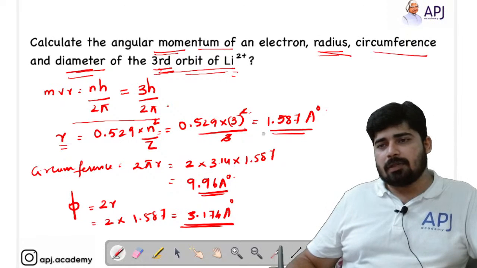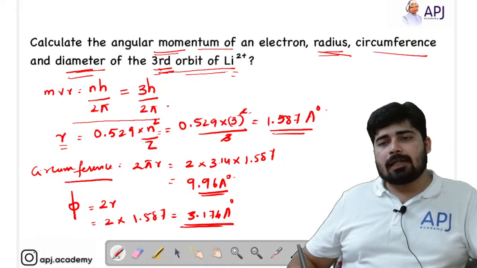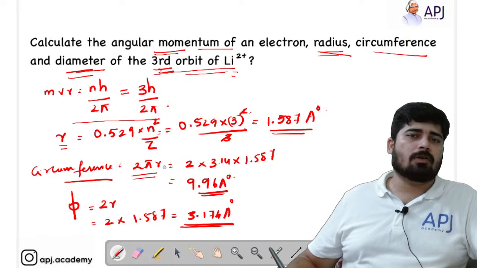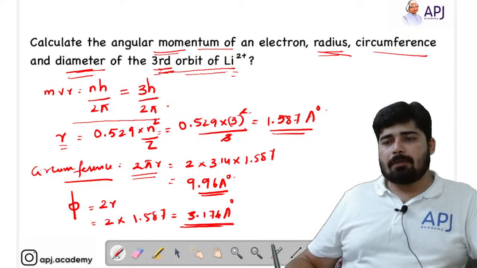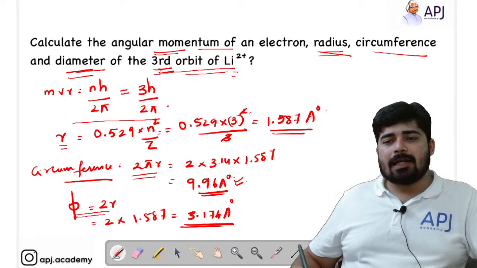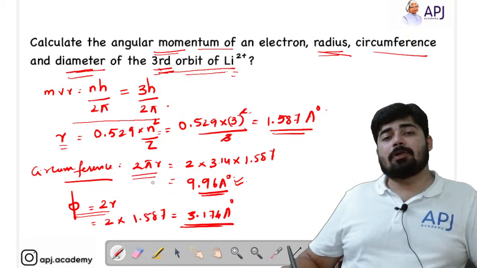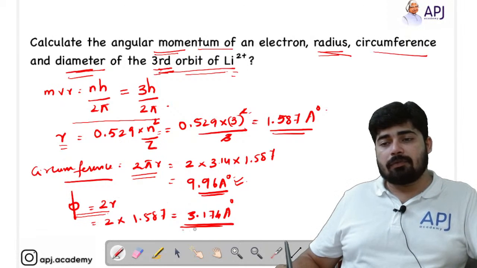We multiplied and got the answer as 1.587 Armstrong. In the case of circumference, we know the equation for the circumference of an orbit is 2 pi r. Just substituting the values, you get the answer. Then they finally asked about the diameter, which we know is equal to 2 times radius. So again we got the value here.